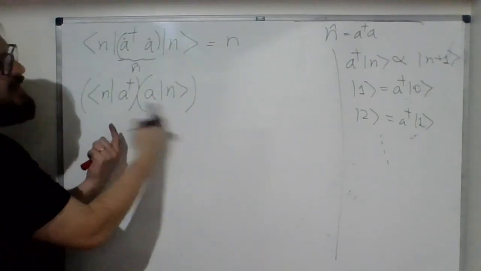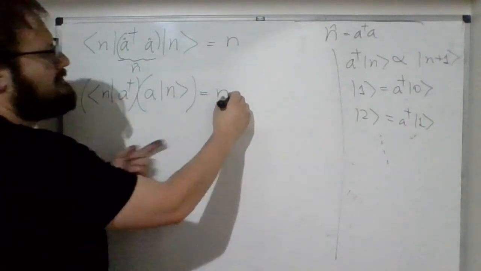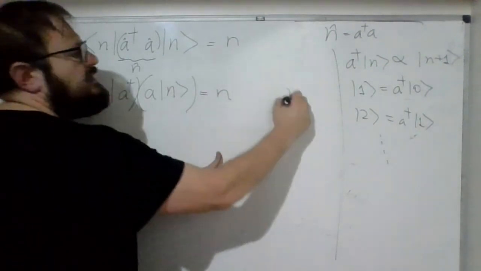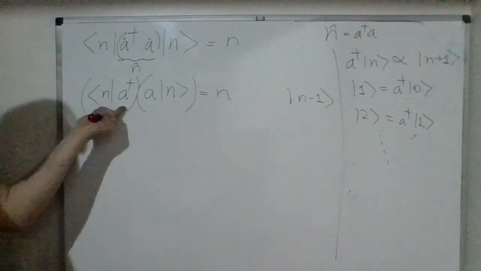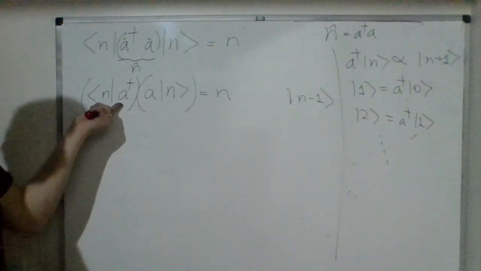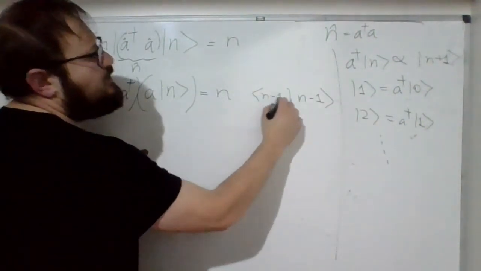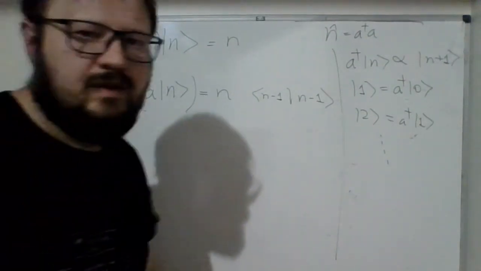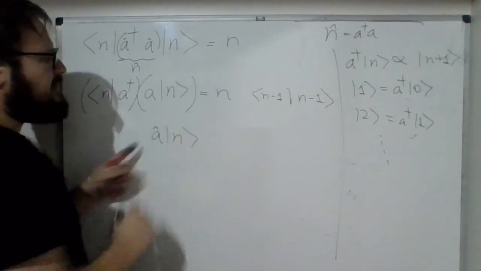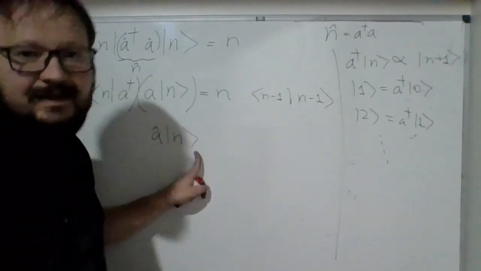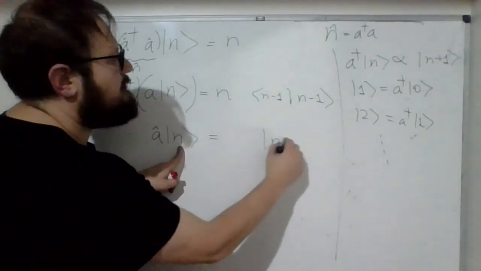But now I'm separating, associating this way. I know this is equal to n, something here, which is n minus 1, and something here, which is the dagger of this state, which is something like n minus 1. All right? So what must be the action of the annihilation operator on a state of n quanta? It must be proportional to n minus 1.